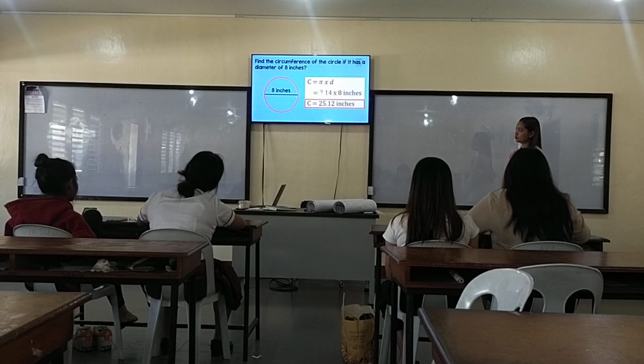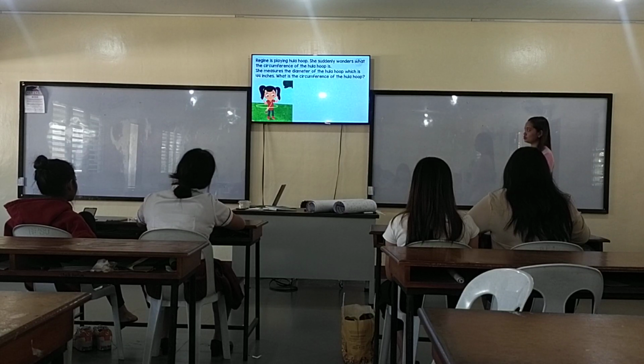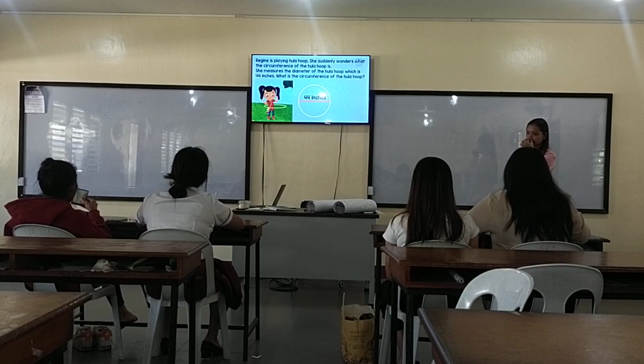Now let's have another example. Regine is playing hula hoop. She suddenly wonders what the circumference of the hula hoop is. She measures the diameter of the hula hoop, which is 44 inches. Now what is the circumference of the hula hoop? Now let's help you find the circumference of the hula hoop. Let's find first what are the given in the problem.